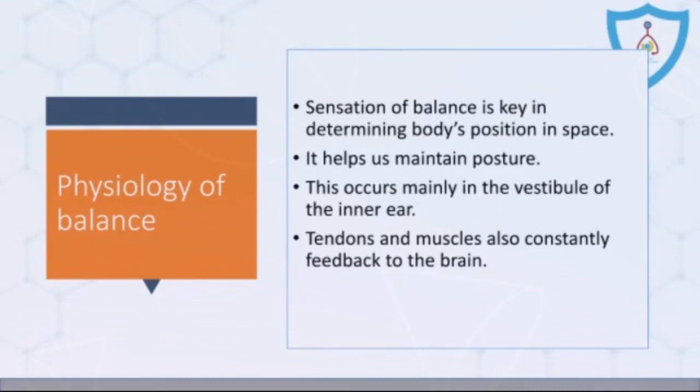Again, the ear is responsible for the sensation of balance. Balance is very key for determination of the body's position in space, and it helps us to maintain our posture. The way you are seated right now, listening to this video, you are not falling off because your body constantly tells you where your position is, and therefore maintains you in the right posture.